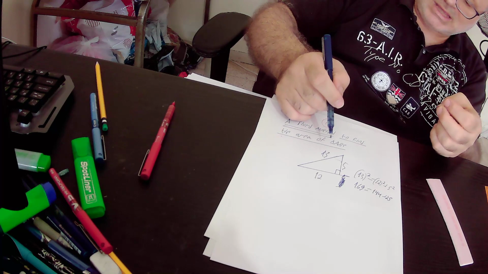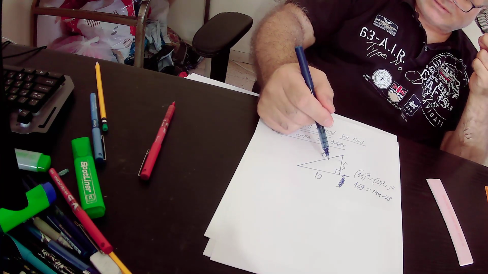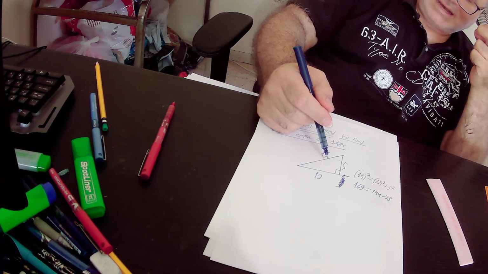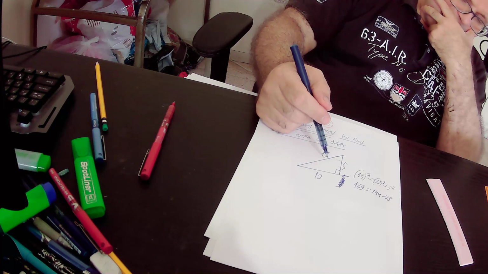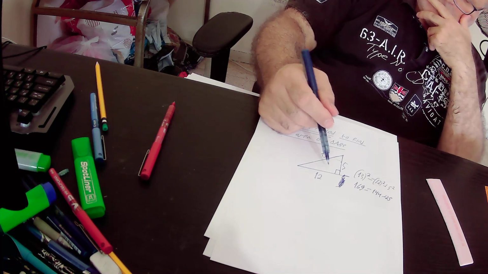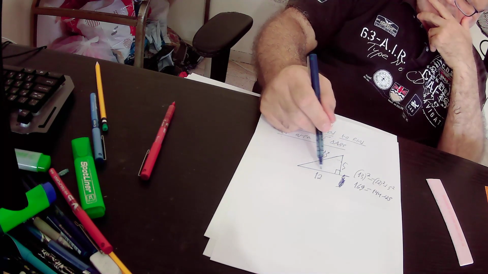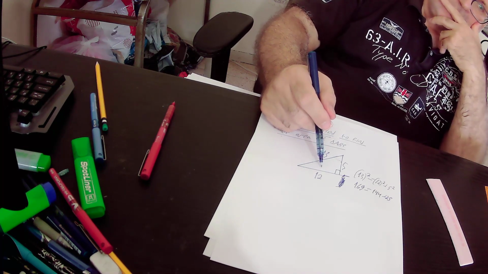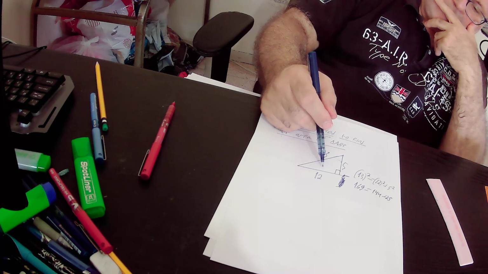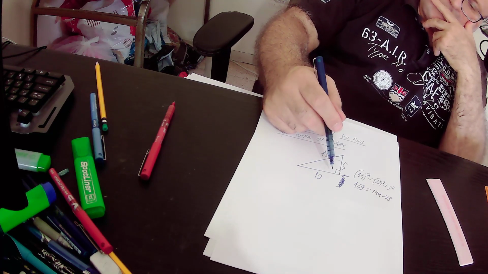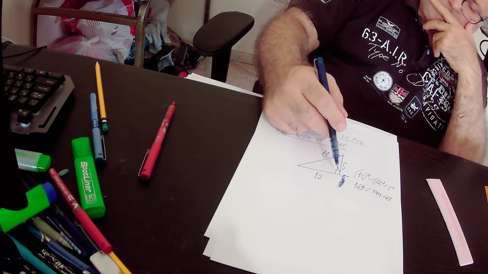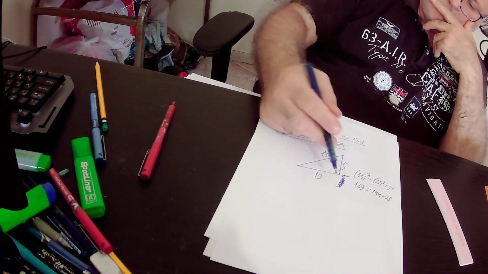So in this way, we proved that this triangle is a right triangle, and therefore this side is 12 units. That will be the height of triangle ABC when the base is equal to 14.